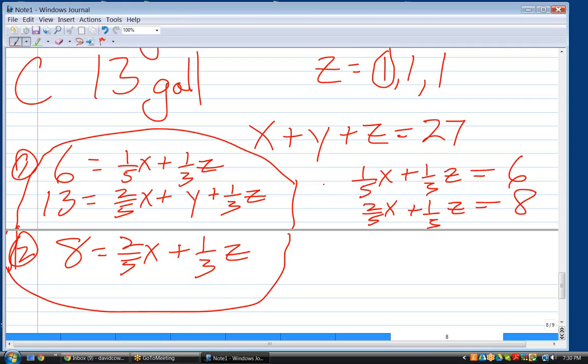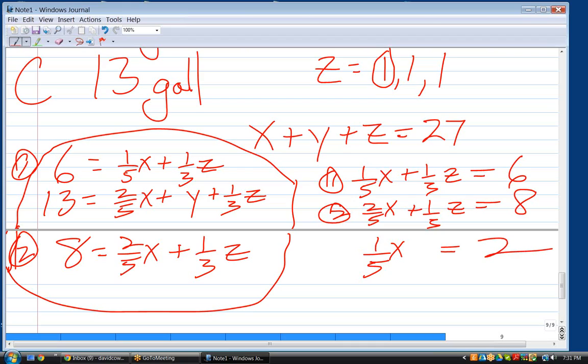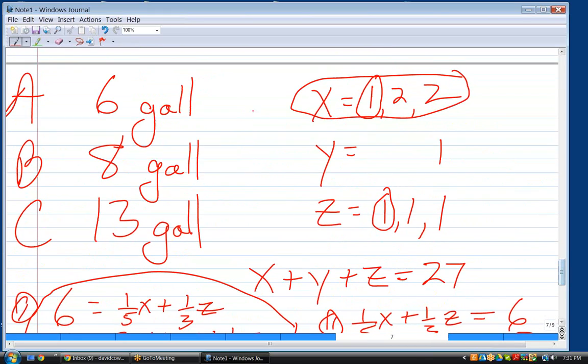Notice I can subtract equation 1 from equation 2 to eliminate z, and leave myself with all positive coefficients. I've eliminated z, and now I've solved for x. X equals 10. So there's 10 gallons of x needed.